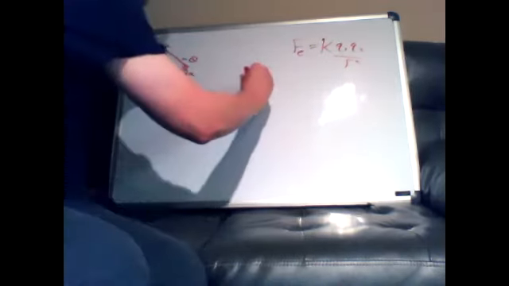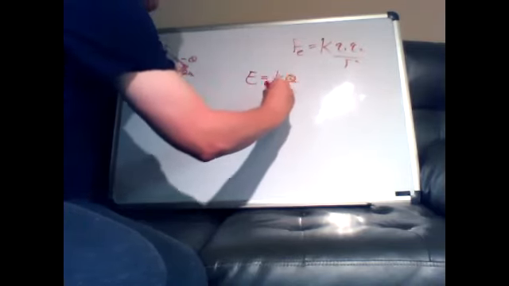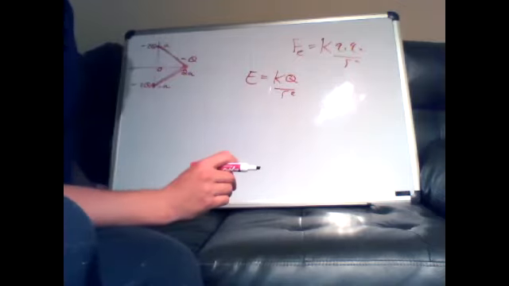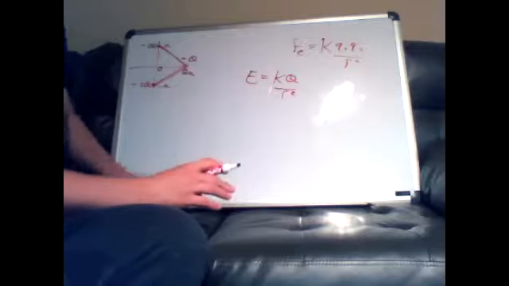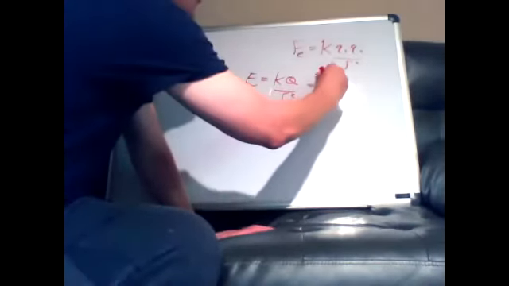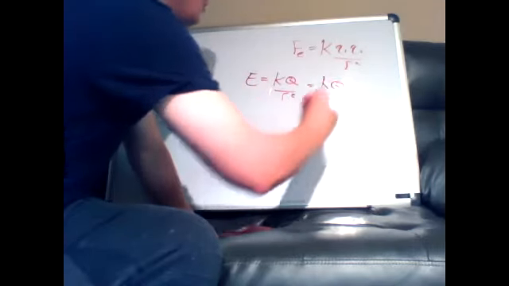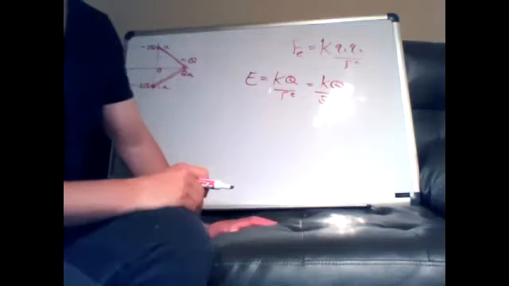So therefore, our total electric field is given by kq over r squared. In this case, q is negative q. I'll leave it as positive for the same reason I left the force as positive. But it's going to be k times q, all over the radius squared, which is 5a squared.